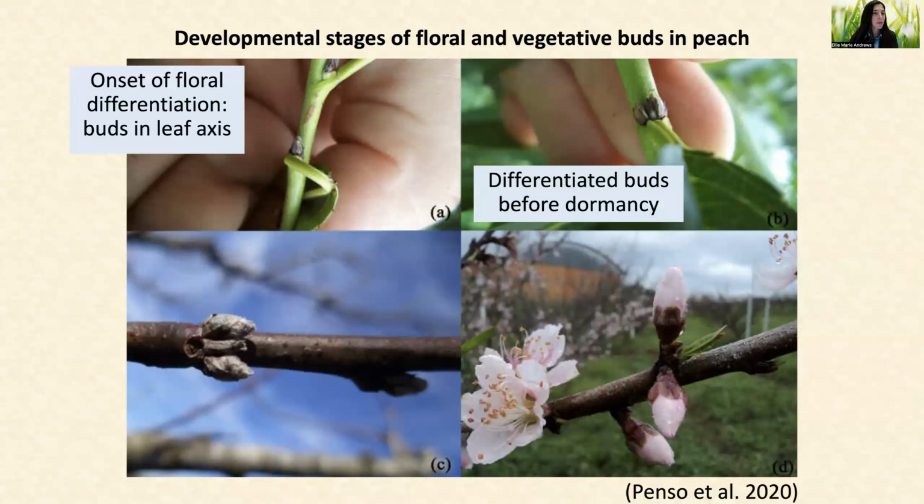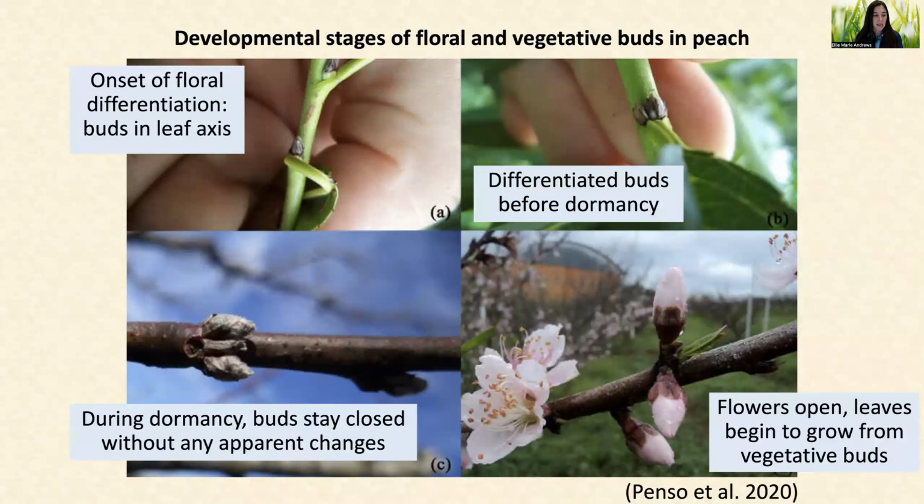So here we're going to talk about the developmental stages of floral and vegetative buds in peach as an example, because I think these photos illustrate this pretty nicely. So the top left-hand corner, we have the onset of floral differentiation, where we have buds and leaf axils, as you can see. And then moving on to panel B, we have differentiated buds before dormancy, so moving along in time.